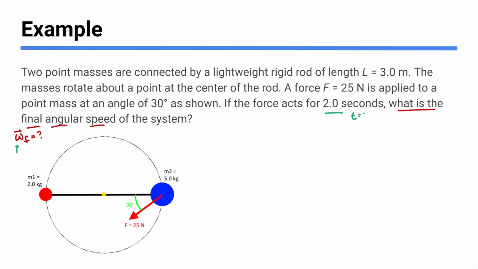So I know t is 2 seconds. I got like an F and an L and a theta, which those don't necessarily apply to this. But let's think what else I got. I might start by making a little basically Suvat table, but it's not Suvat.